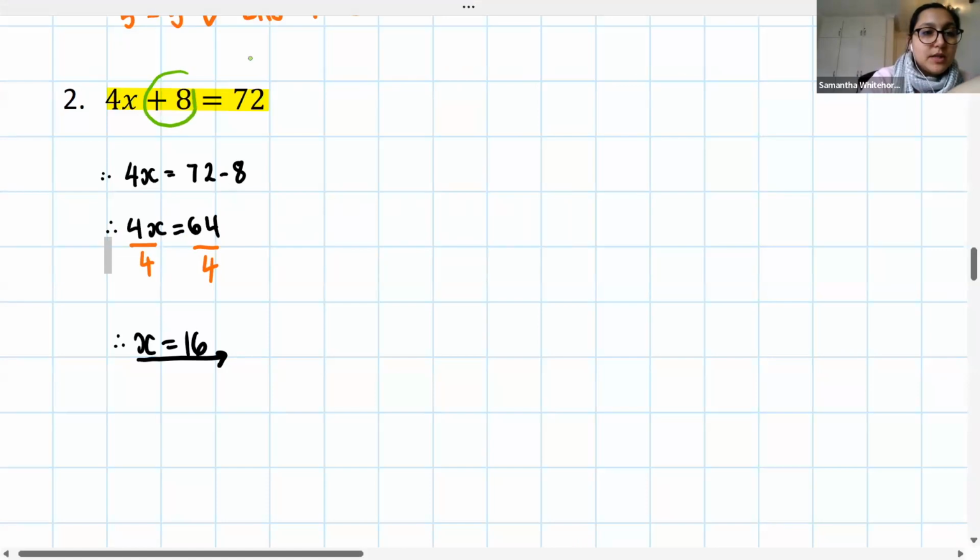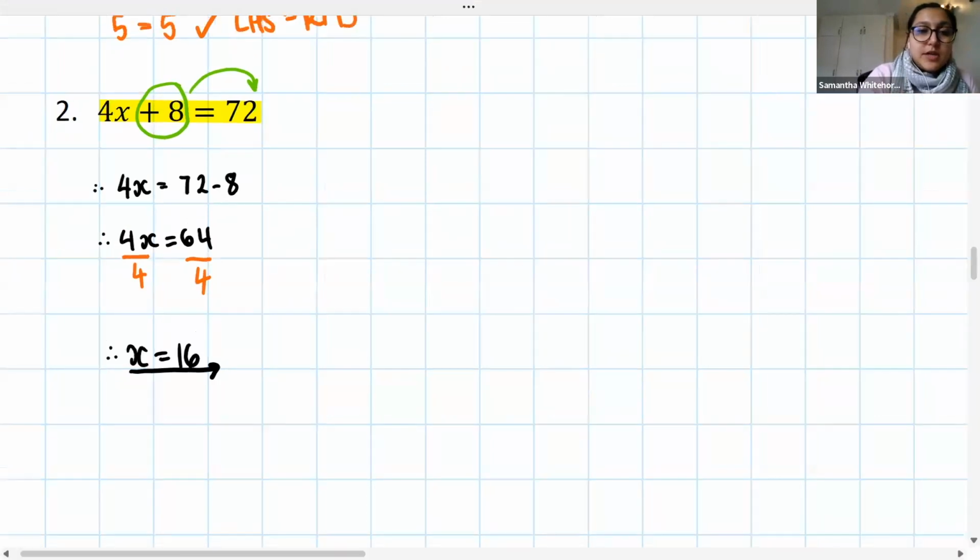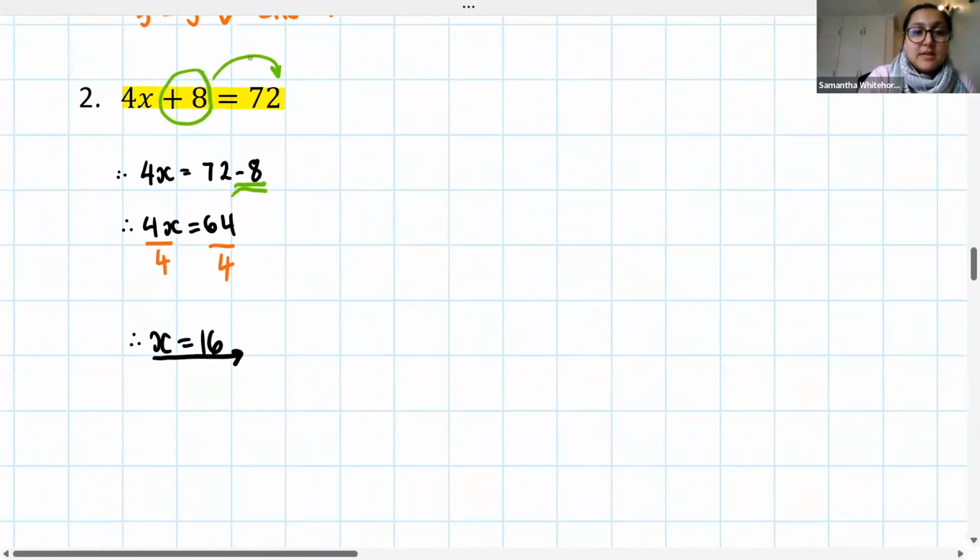We need to put 8 on the right-hand side. We're going to get the constants to the right. And because of inverse operations, it became negative 8. So exactly as Sinyane said, 72 minus 8 gives us 64 on the right-hand side.